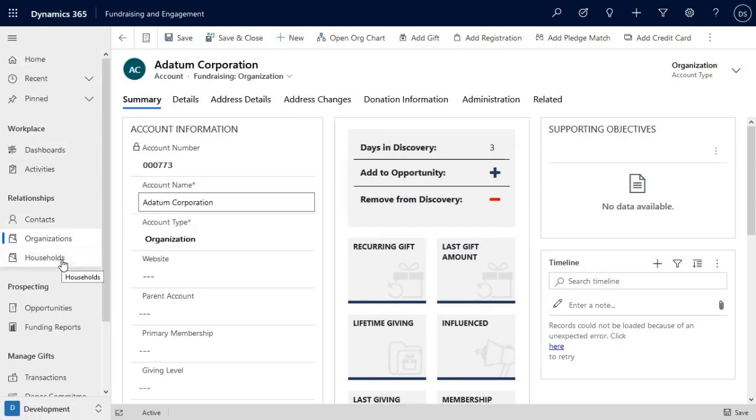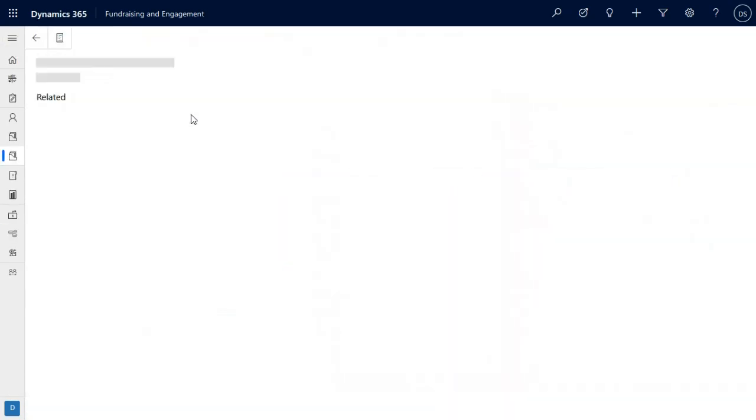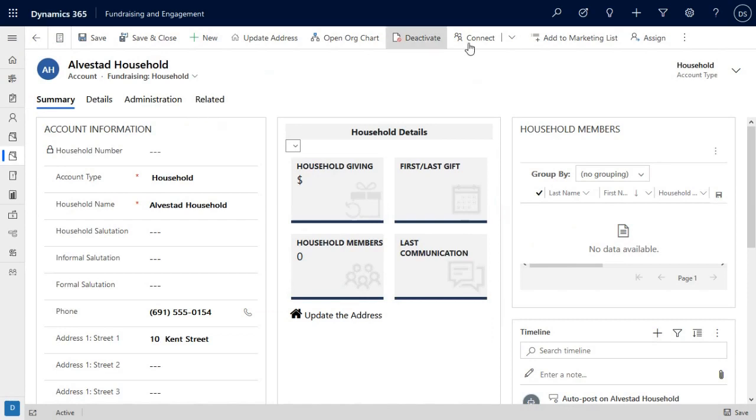Then going to the households, if you want to manage households wherein there are different members to one household, you can manage that household over here. And then you can manage the household members on the right-hand side, which you can see.